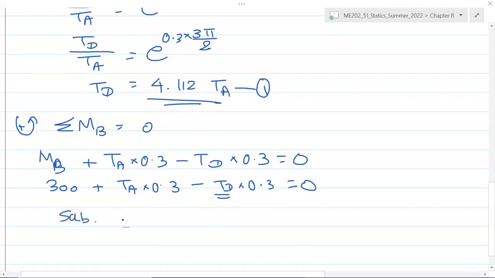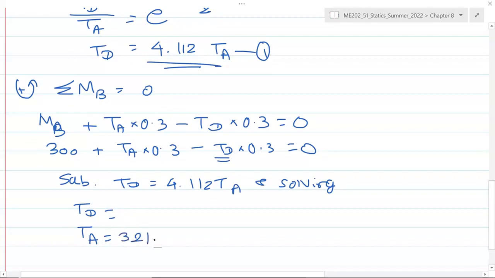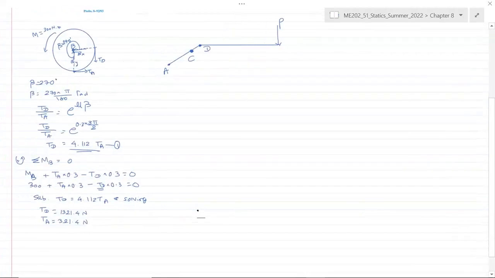Substituting TD equal to 4.112 TA and solving for TD and TA respectively, we get TA is equal to 321.4 newtons and TD is 1321.4 newtons, and TD is more than TA. So by drawing the free body diagram for the wheel, we have solved for TD and TA.